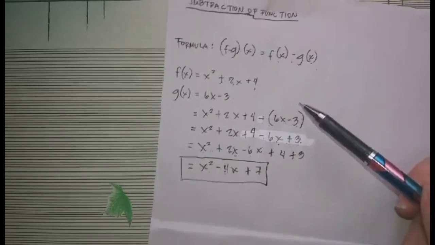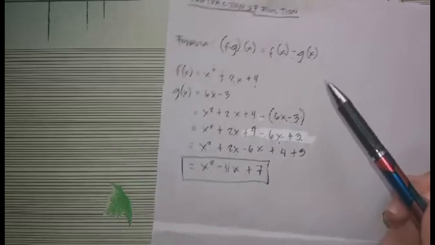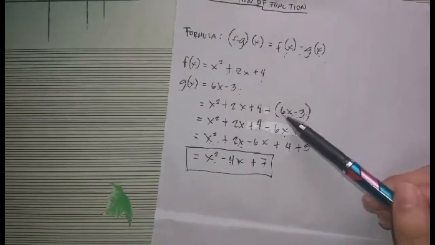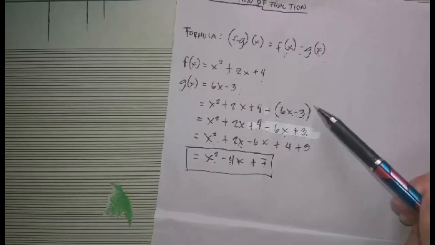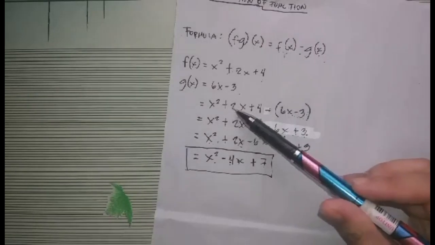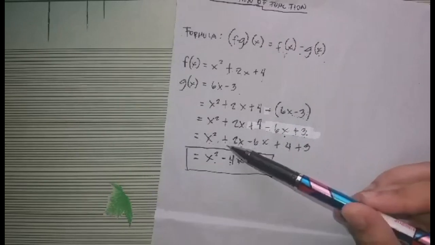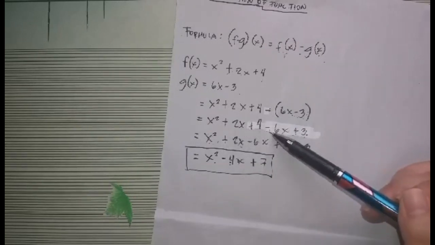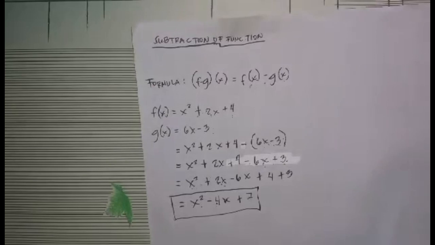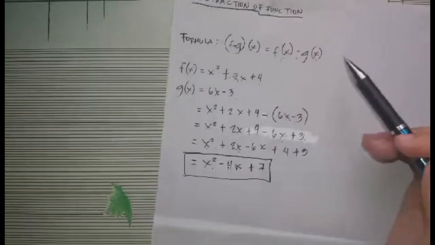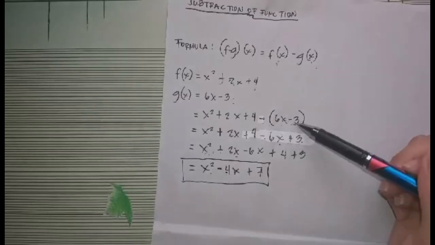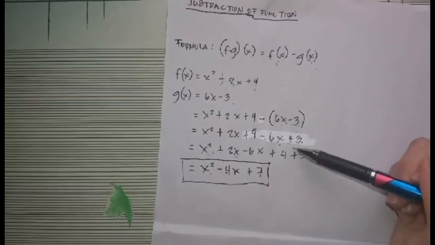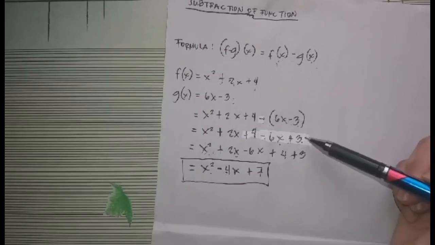So this is equal to this part. Let's do the first 6x minus 3. Let me demonstrate. We have our x squared plus 2x plus 4. Then subtracting all the terms of 6x minus 3, I will make it minus 6x. Then the minus 3 becomes plus 3. That's because we're subtracting all the terms.